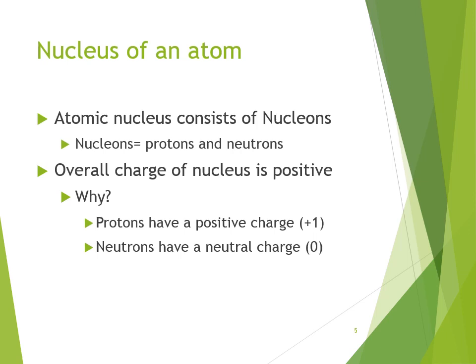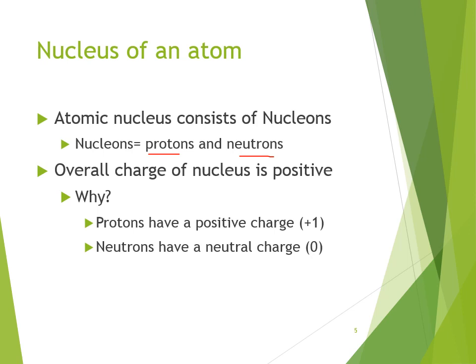Looking closer at the nucleus of an atom, I just said it was positively charged, so let's look at why. First off, the atomic nucleus consists of what we call nucleons. Nucleons is another word that includes both the protons and neutrons. So protons and neutrons are located in the nucleus.